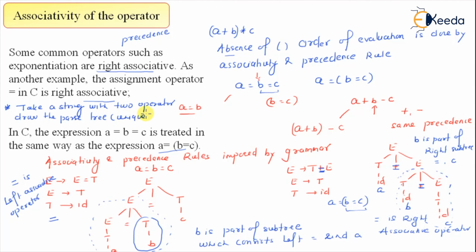If you have two different parse trees, then it will not be possible. So take a string, draw the parse tree, and see which subtree the middle operator is part of. If it is the left subtree, you can say left associative, and if right, then you can say right associative. So that's all about the associativity of the operator.